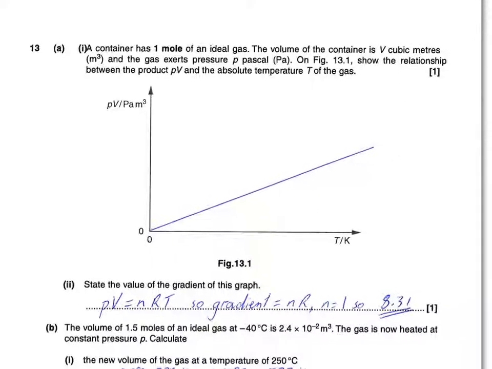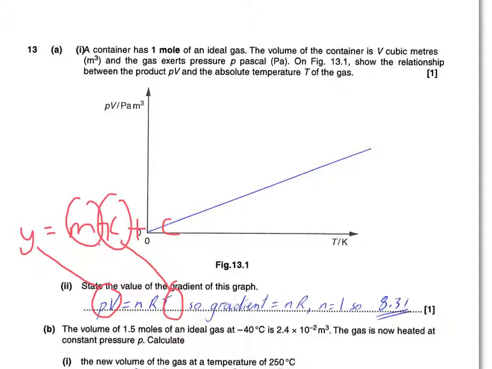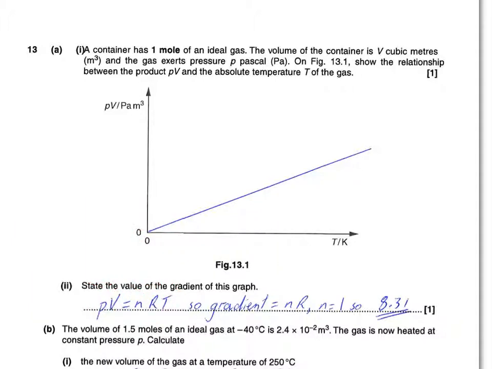I'm going to actually deal with this alongside part 2, and if I use my very best iPad handwriting just to get y equals mx plus c available, then we can see I've got PV is y, I've got T is my x, so m, the gradient, is nR. So the gradient is nR, but in this case n is 1, so that's going to give me a gradient of 8.31.